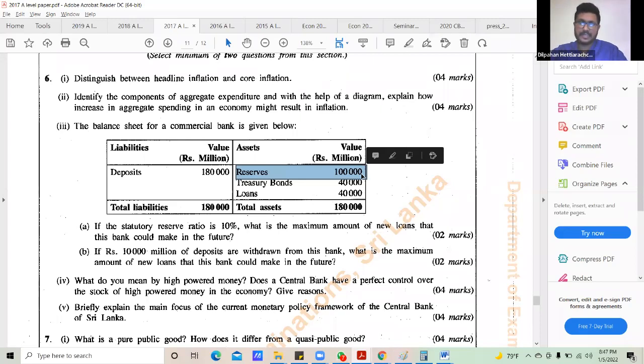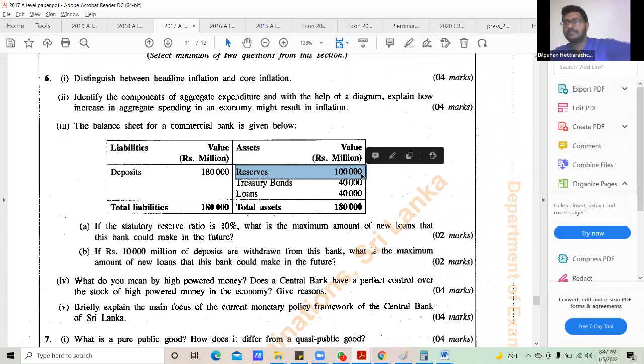Here they have 180,000 in deposits. From this 180,000, 10% needs to be kept as reserves for the safety of the commercial bank. Whenever depositors ask for money, banks should have 10% with them in order to say, you want money, take this.